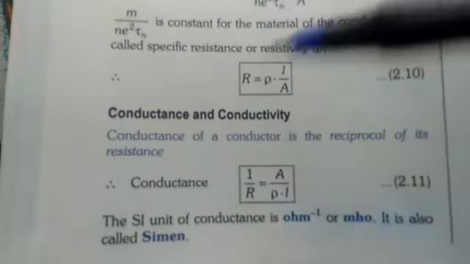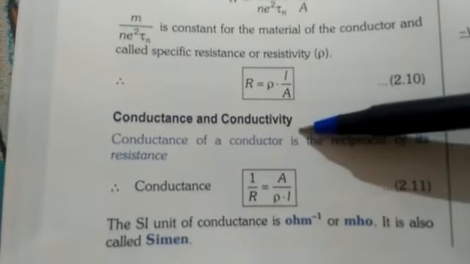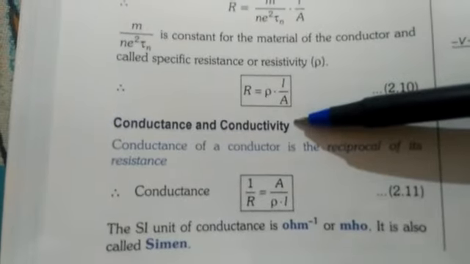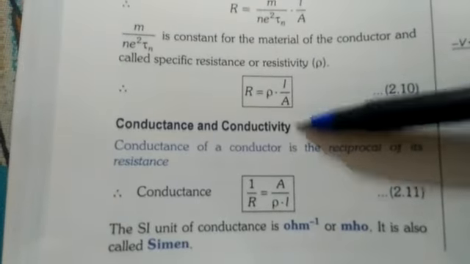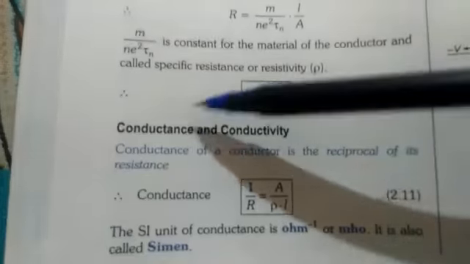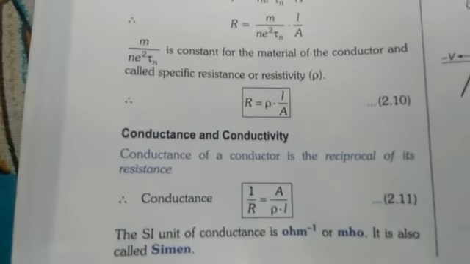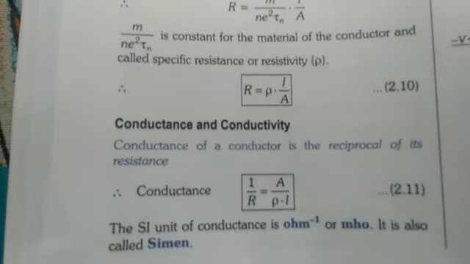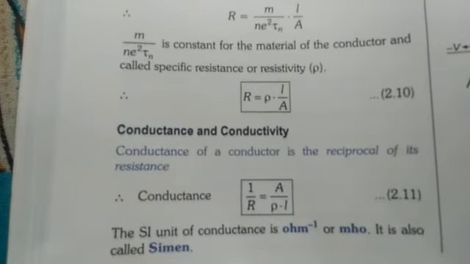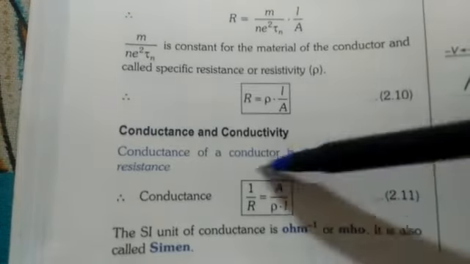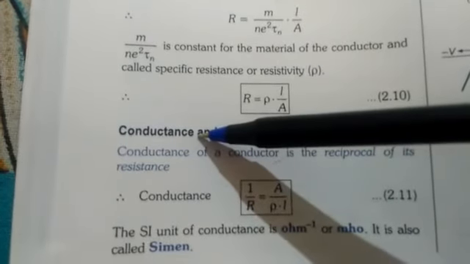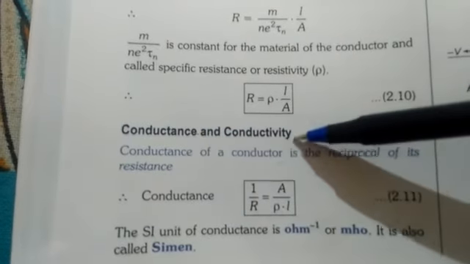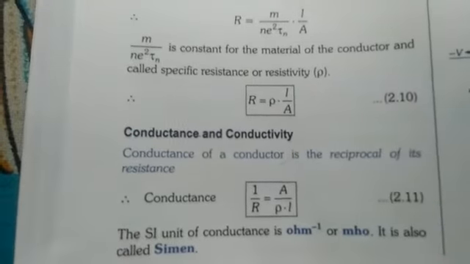Now we will see what conductance and conductivity are. As the opposition is called resistance, the opposite of opposition will be called conductance. Resistance resists the electrons to move, that is, it resists the current to flow, but conductance allows the current to flow. So conductance is just opposite to resistance, and conductivity is just opposite to resistivity.